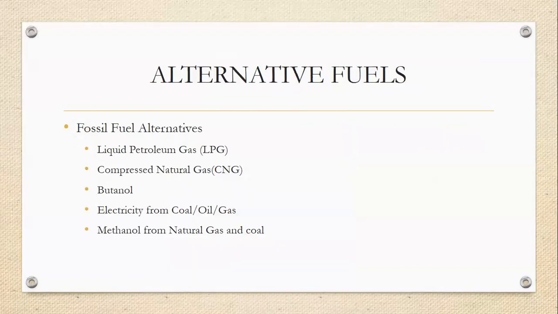Next, we can see what are all the alternative fuels available nowadays. There are two categories. First category is fossil fuel alternatives. Fossil fuel alternatives are liquefied petroleum gas, compressed natural gas, butanol, electricity from coal, oil, gas, methanol from natural gas and coal.